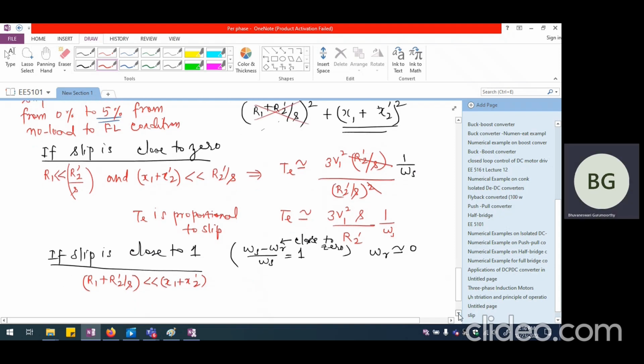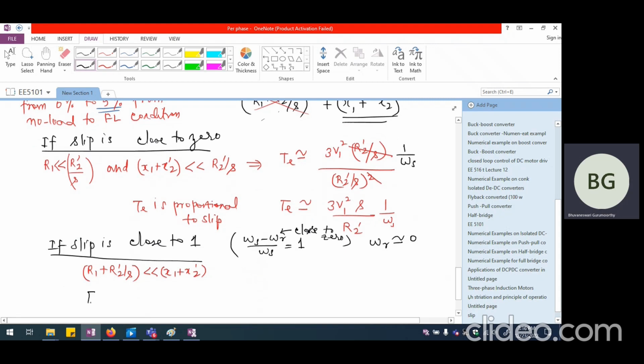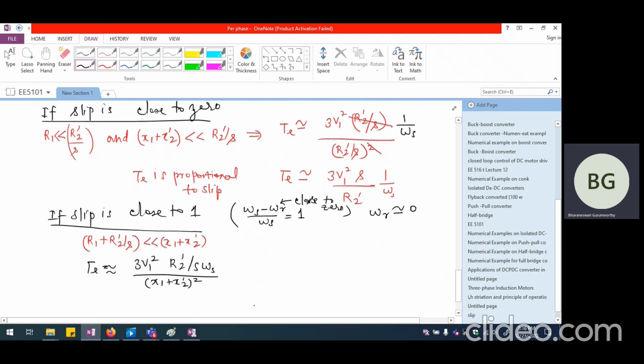In which case I can write TE approximately equal to 3 V1 square multiplied by R2 dash by S omega S, divided by (X1 plus X2 dash) the whole square. So this is going to be the electromagnetic torque, in which case we can say TE is inversely proportional to slip.